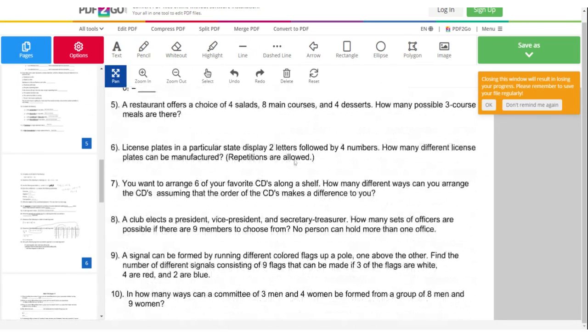All right, remember the fundamental counting principle? You just take the number in each category and multiply them. So what would that end up being?